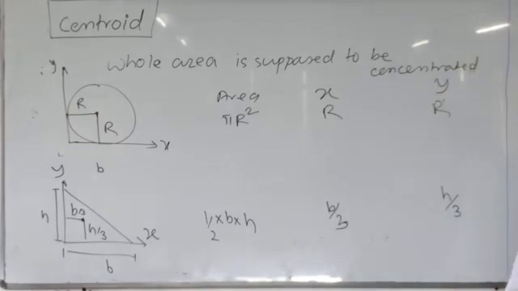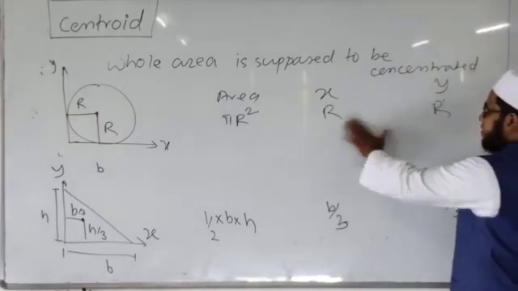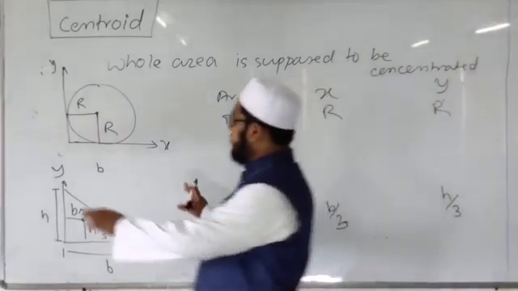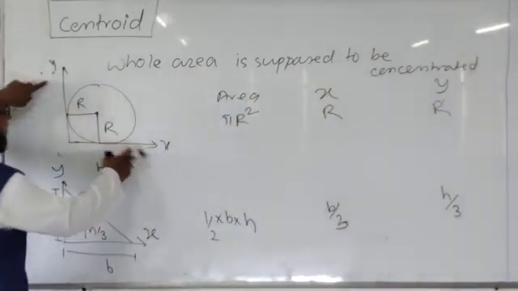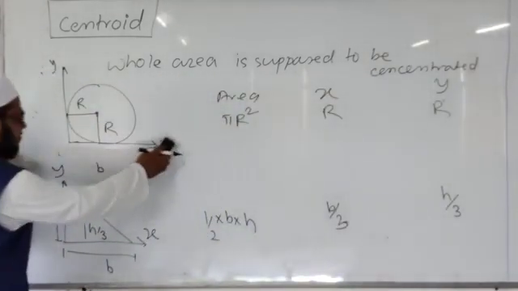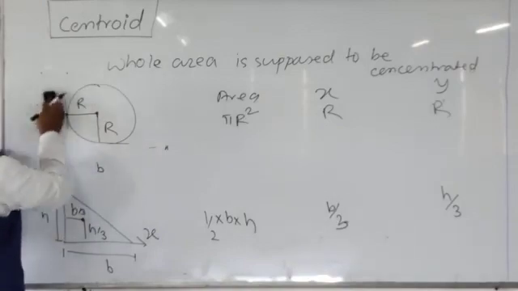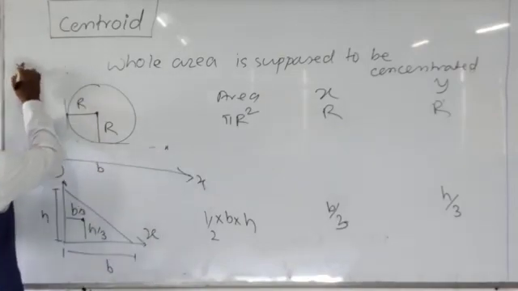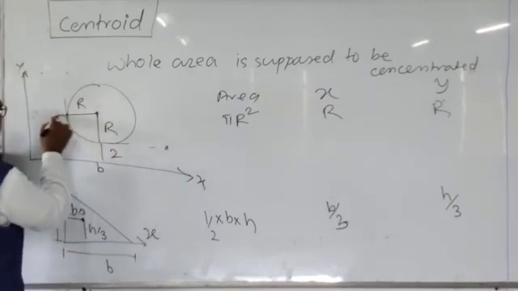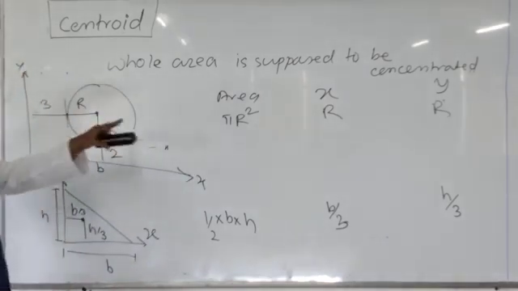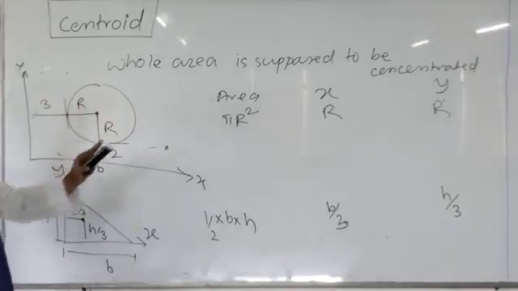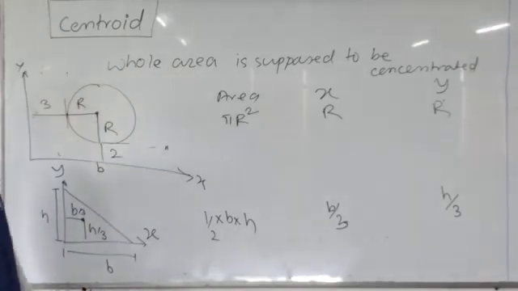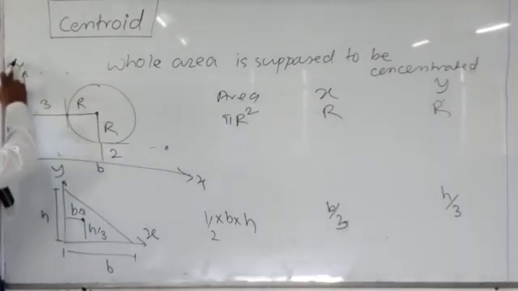Again I am repeating, this x coordinate and y coordinate is with reference to this given axes. If the position of the axes changes, for example, the position is at this point x y. This distance is 2 meter. This distance is 3 meter. Then ultimately the area will not change, but the coordinates of x and y will change. How will x change? x is the distance measured from the y axis.